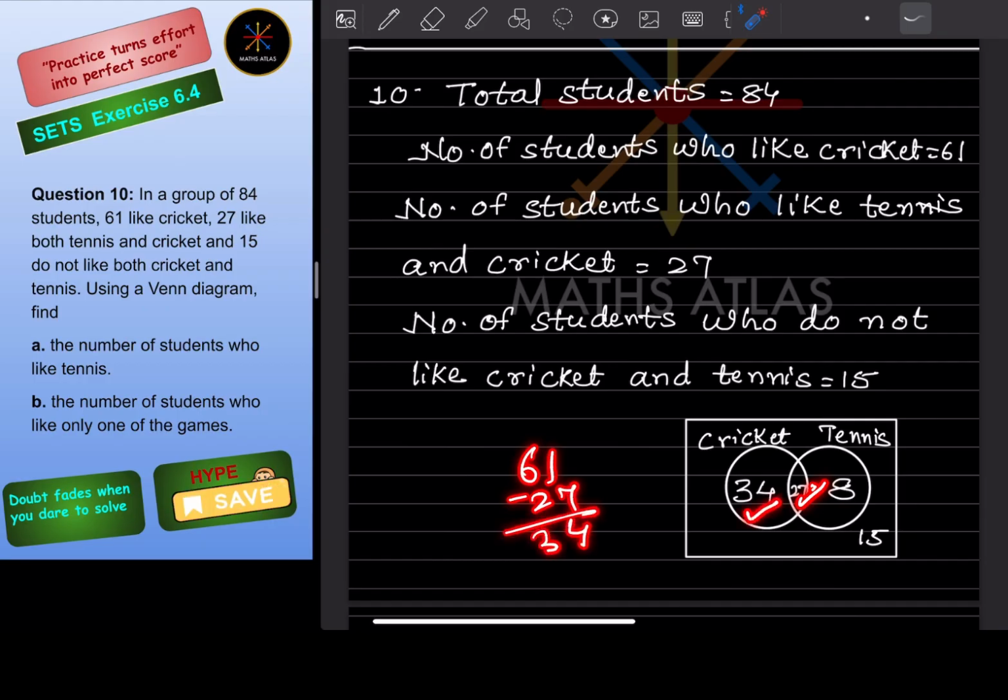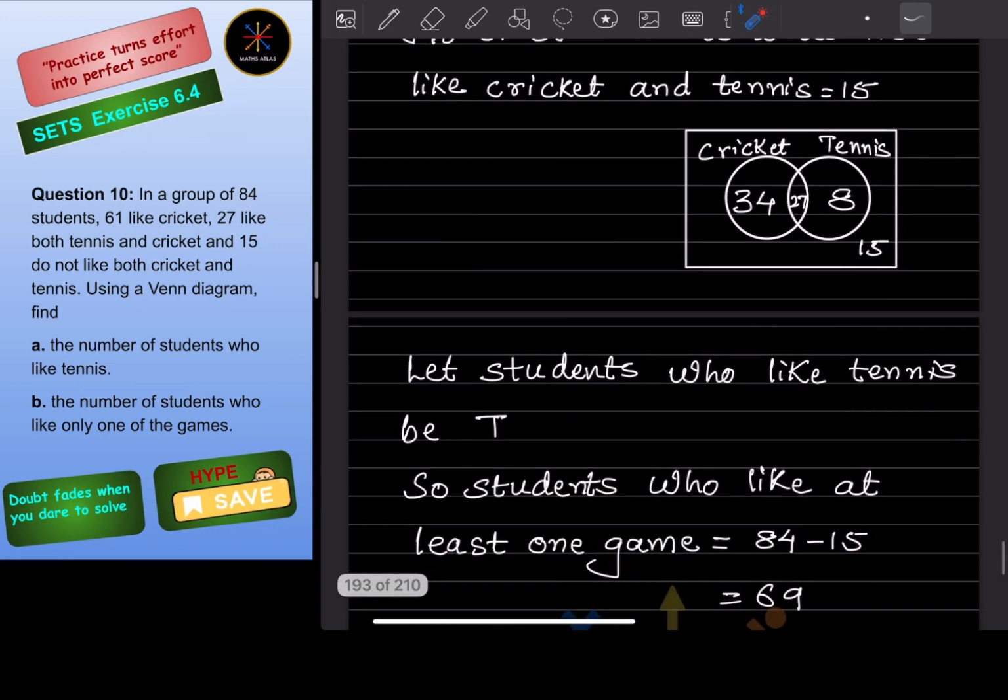So here you should write 34. The number of students who do not like cricket and tennis is 15, which will be outside. For the time being, just don't think about the rest. Here we will consider the number of students who like tennis to be T, because we don't know it.